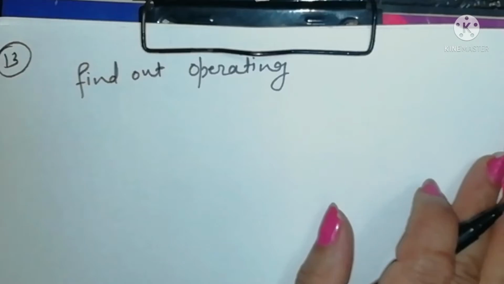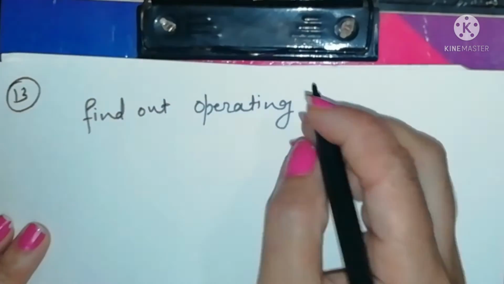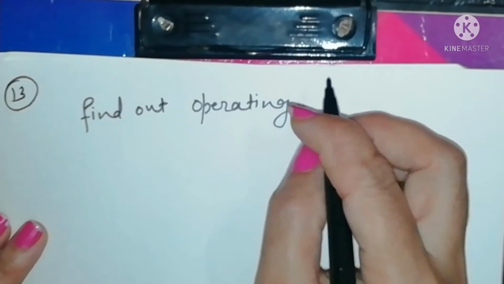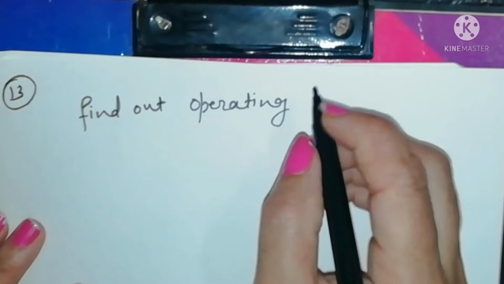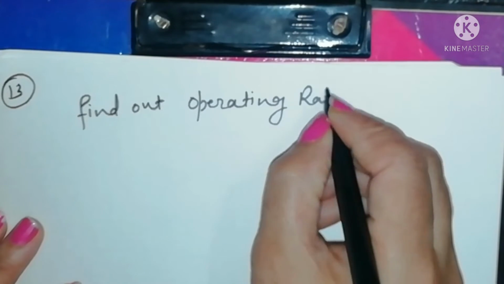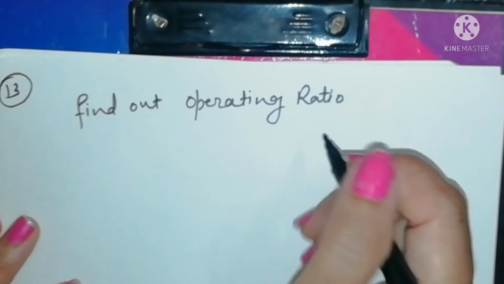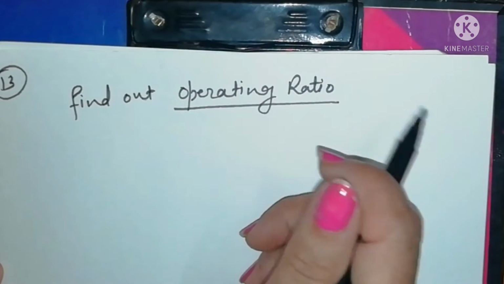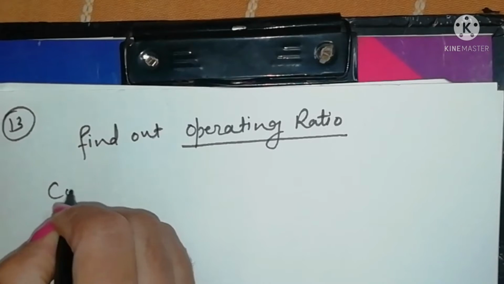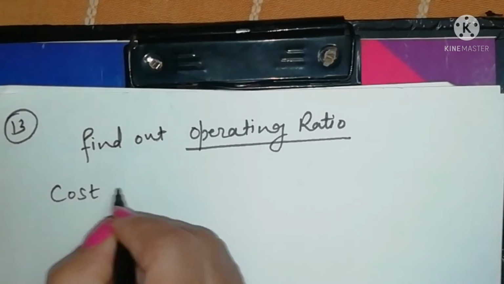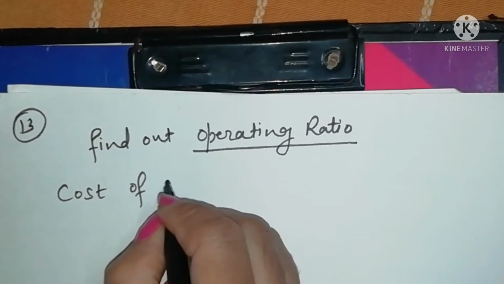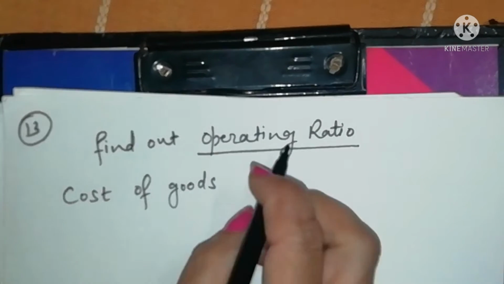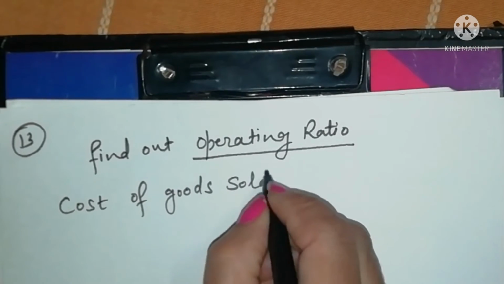So first of all we will write, find out the operating ratio. We must know what the actual question is. Now we must know the formula of operating ratio. Operating ratio formula is very simple. Operating ratio is equal to cost of goods sold plus operating expenses upon sales multiplied by 100.